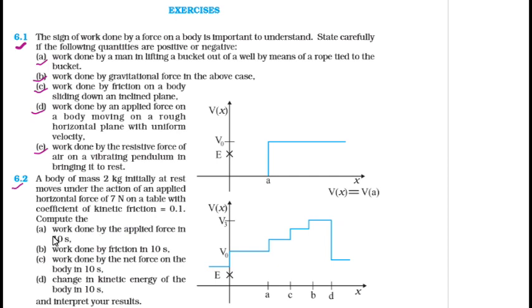Compute the A. Work done by the applied force in 10 seconds, B. Work done by the friction in 10 seconds, C. Work done by the net force on the body in 10 seconds, D. Change in kinetic energy of the body in 10 seconds, and interpret your results. Let us see the solution.